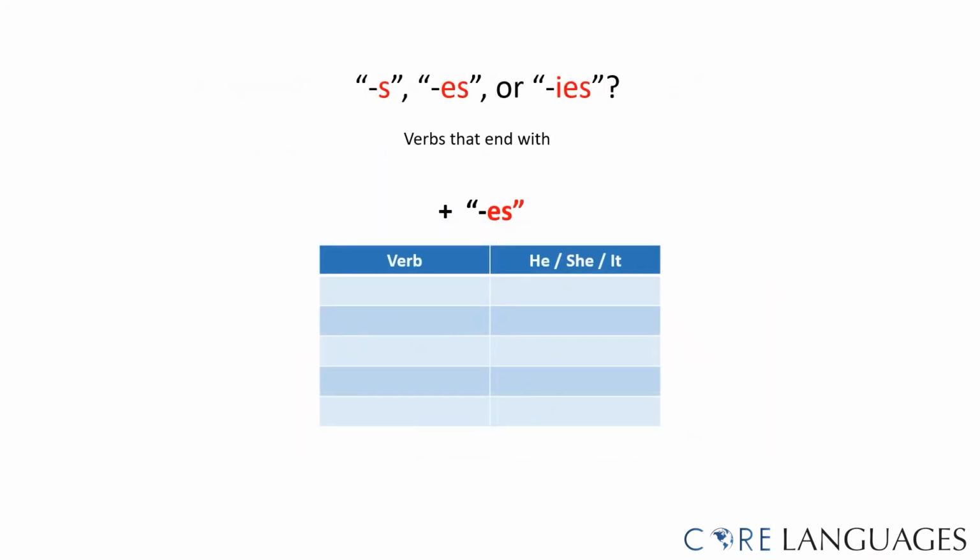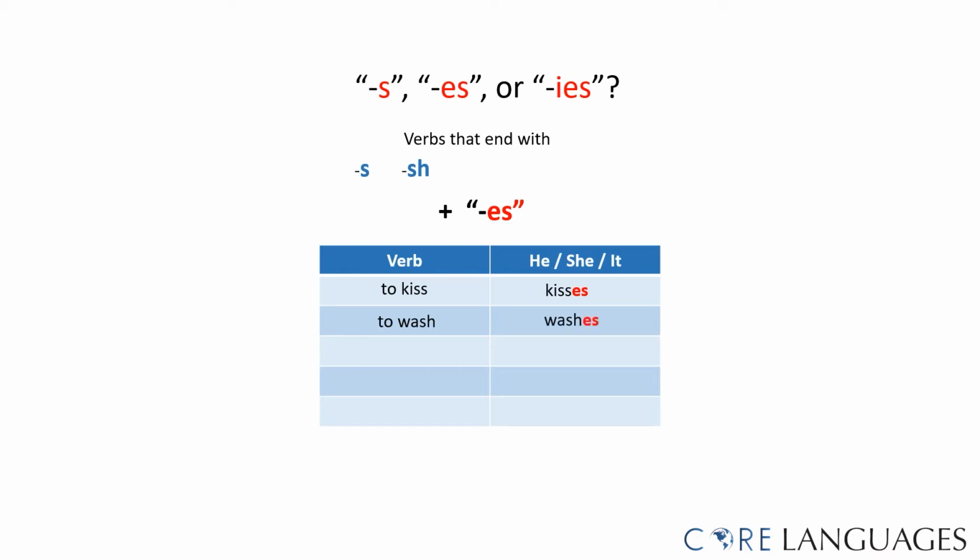To form the simple present correctly for the subject he, she, it, we need to know when to add s, es, or ies. Here are the verbs that end on es. If a verb ends on s, such as kiss, we add es. He, she, it kisses. If the verb ends on sh, like to wash, we add es.